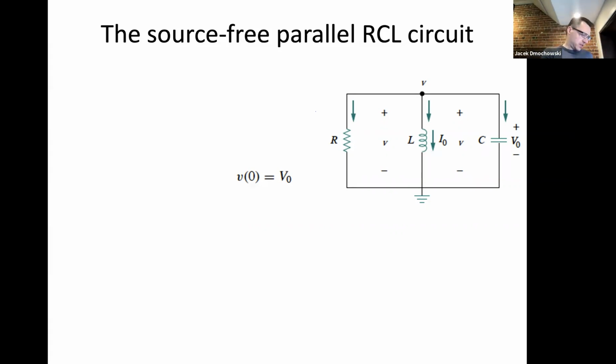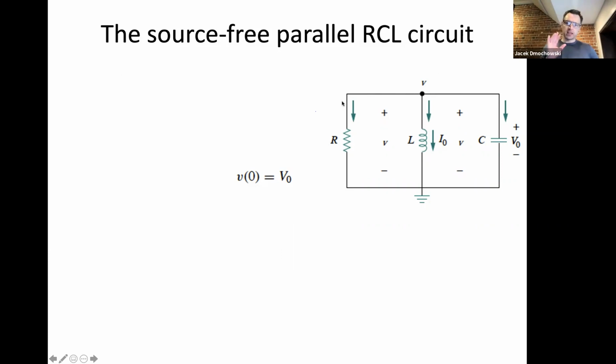So what we have is a circuit that has a resistor, an inductor, and a capacitor all in parallel. Okay, so in other words, the resistor, the inductor, and the capacitor are all sitting at the same voltage.